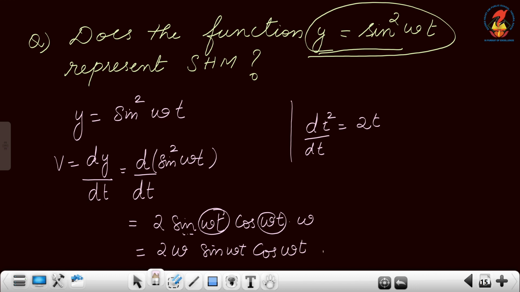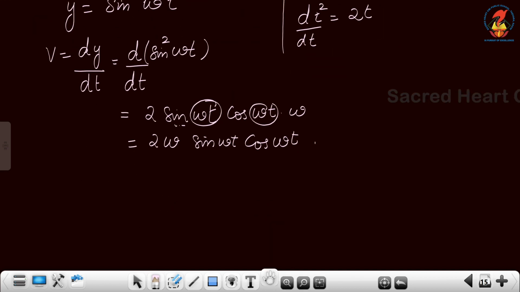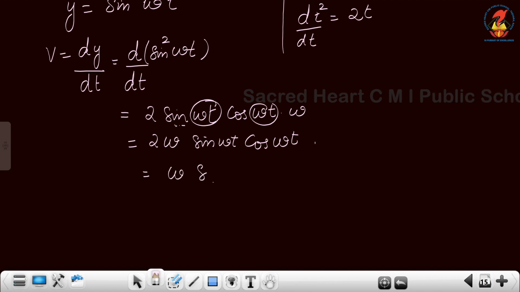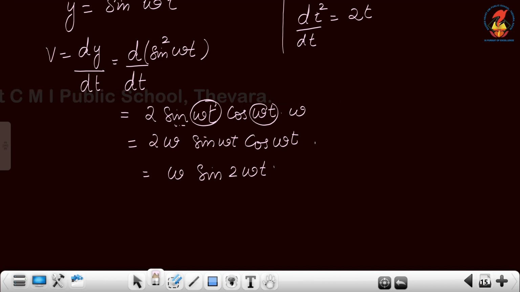So, we got the velocity of the particle executing simple harmonic motion. Now, we know 2 sin A cos A is sin 2A. So, this in this equation 2 sin omega t cos omega t can be written as sin 2 omega t, so velocity is omega sin 2 omega t.